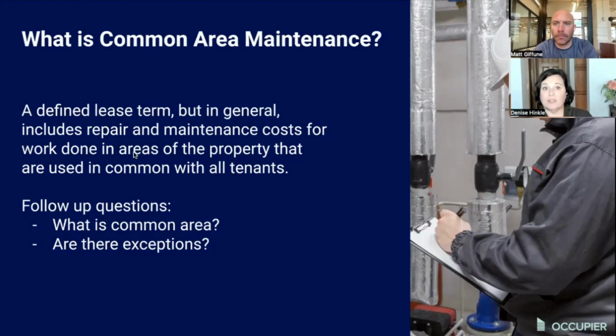If your health club is subject to a fee that is charged to use it, I would argue that that's more of a concession and more of a business and less of a common area. Even if it's available to the tenants, only the tenants that choose to pay the fee to join that health club have access to that space. So it's really about control and access when defining what is a common area.